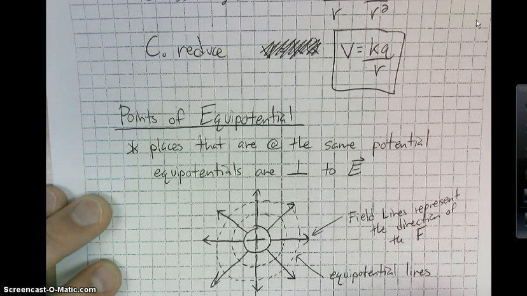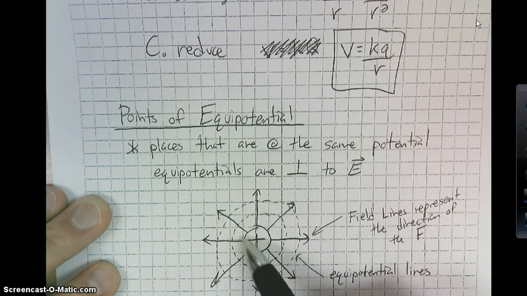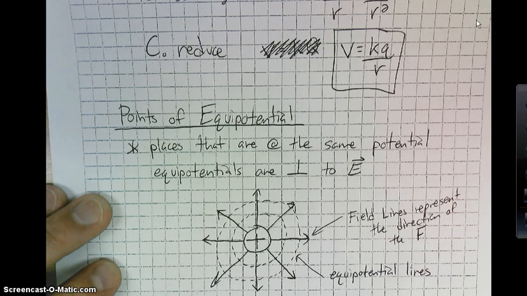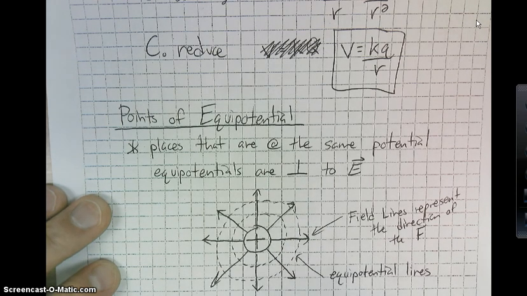So this particular drawing shows you field lines that move directly away from the charge, and then equipotential lines that are perpendicular to that electric field. All those points represent points of equipotential.